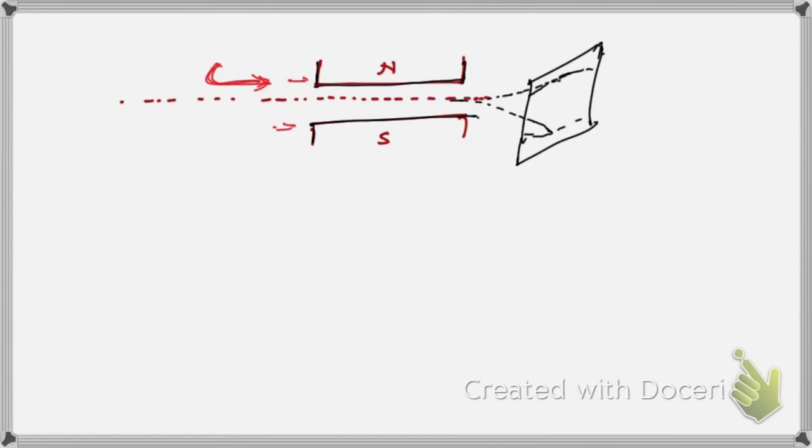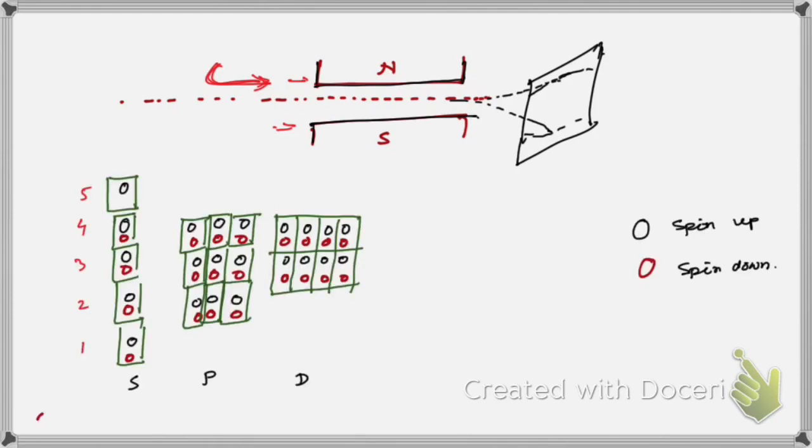Let me explain. A silver atom has 47 electrons. A neutral atom, when passed through this magnetic field, should not get deflected. It should strike here. Now in silver atoms, I am using two different colors to represent spin up and spin down.